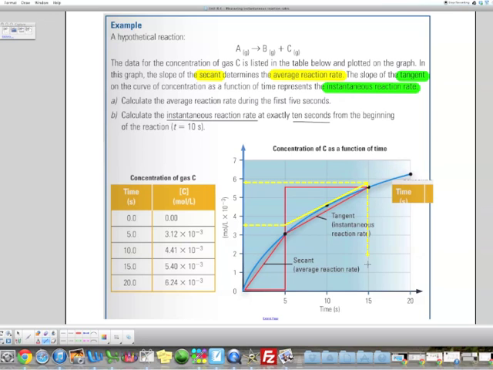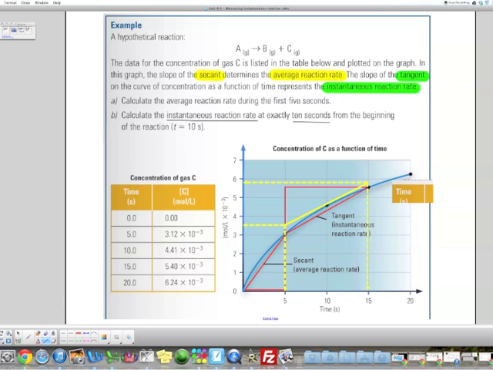This is for time 15, and this one here is for time 5. Now I can do my delta concentration over my delta time, and I will obtain the exact rate at 10 seconds. So at time 15, it's about 5.8. At time 5 seconds, about 3.5.